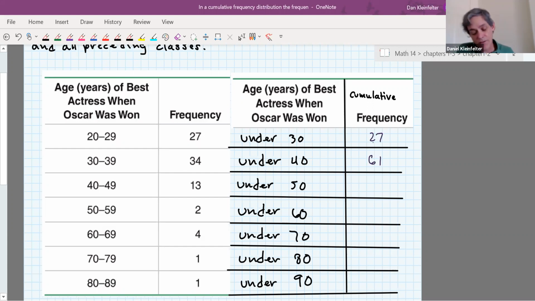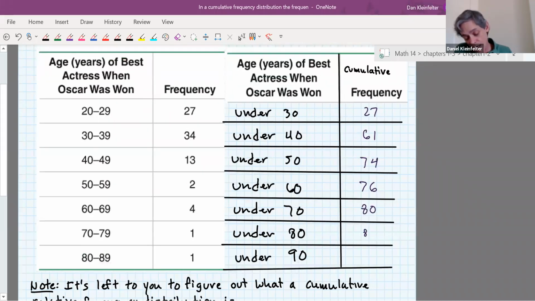There were 27 in the first class, so for the under 50s, that would be everybody in the first 3 classes. I'm going to add all 3 of these together, so that will be 74. Then to add in the next class, there's 2 more, making 76, and then 4 more, making 80. In the last 2 classes, there was 1 each, so 81 and 82.